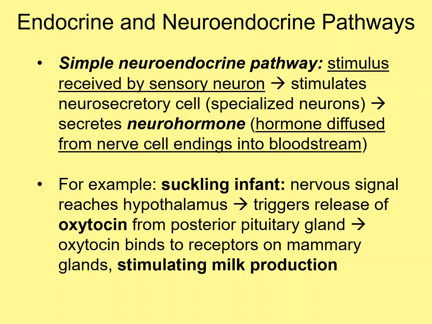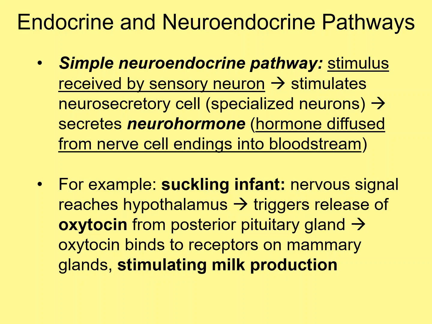So you have a suckling infant, right? If this is pulling on the tissue, pulling on the nipple, you have a physical response triggering sensory neurons in the nipple that transmit that signal up from the mammary gland into the brain. The hypothalamus receives those sensory neuron signals, and it has made oxytocin already, and it's sort of storing it up in little vesicles.